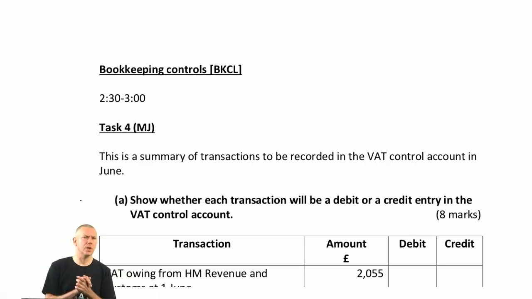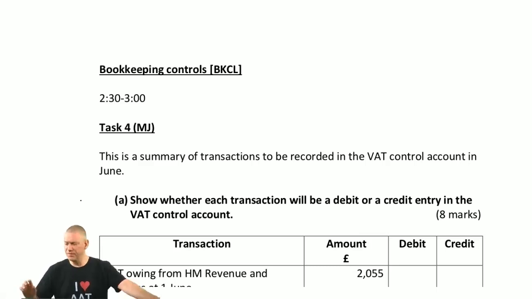Therefore there's an awful lot of crossover between bookkeeping transactions and bookkeeping controls. If you're thinking of doing these two together, I would heartily concur with that conclusion. Studying one will help you with the other. Really, really complementary.